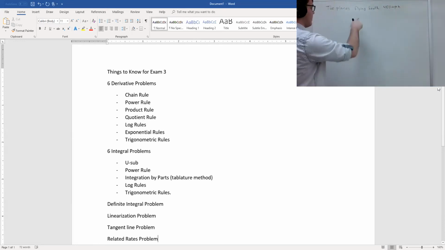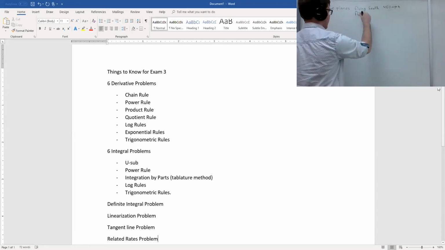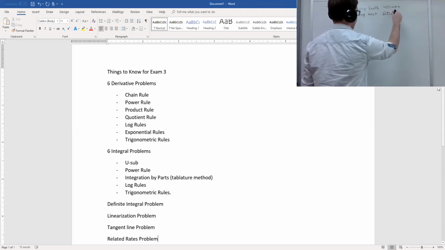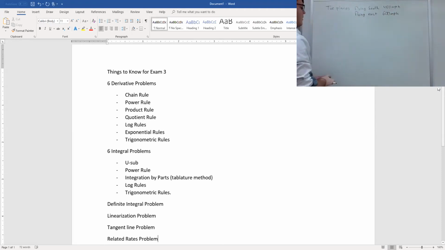And the other plane is flying east at 600 miles per hour. So let's say they leave the same place. So there's an airport here, right? And we have this plane that's flying south, this plane that's flying east. Let's say this is 1,800 miles east of where they started, and this is 1,400 miles south of where they started. Now, I guess what are those numbers again?